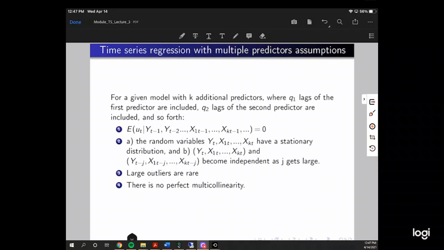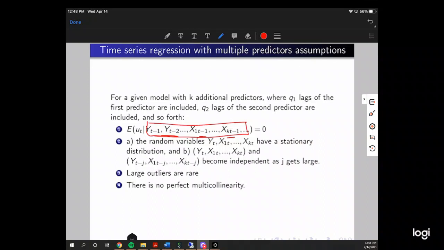So we have some y lags and some x1 lags and some xk lags. Assumption number 1: the expected value of the error term, conditional on everything that's included on the right-hand side, is equal to 0. In other words, the error term should be uncorrelated with all the included regressors, just like we had before.